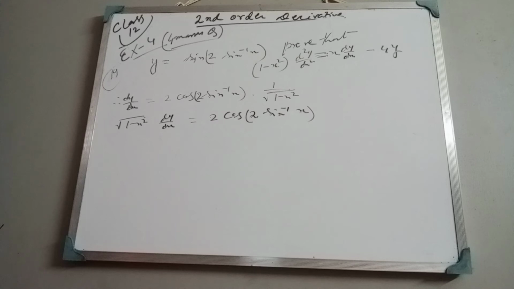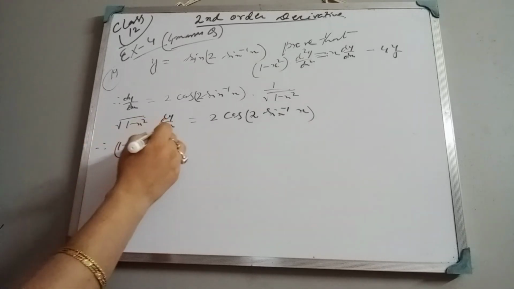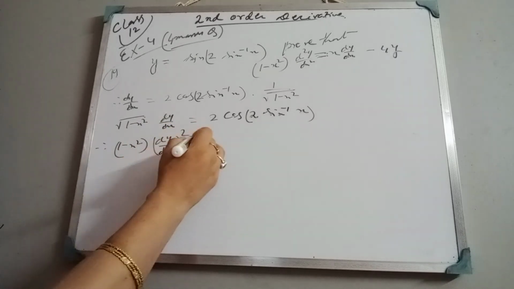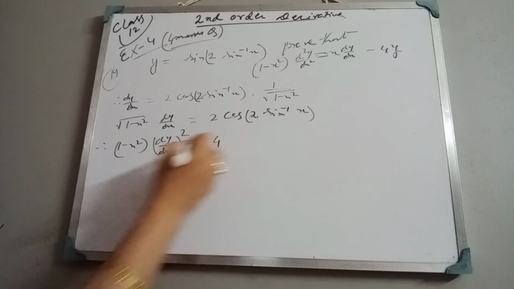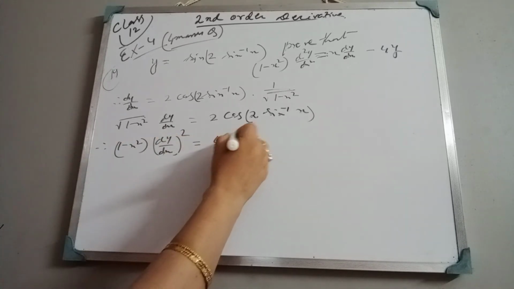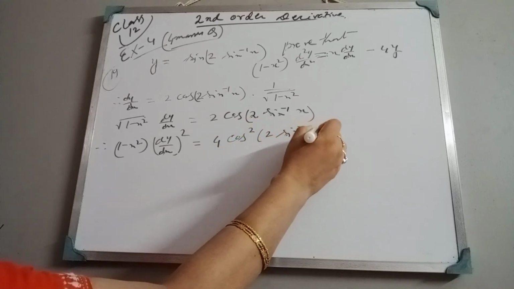Now squaring both sides, what we will get? 1 minus x square into dy/dx whole square is equal to 2 square, means 4 cos square 2 sine inverse x.